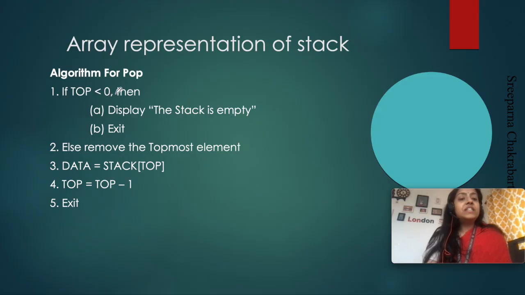So instead of writing less than 0 here, you can also write top equal to minus 1. That works as well. What did we write here then? If top is less than 0, we say that the stack is an empty one. And we cannot perform a pop operation since no element is there. How can we pop out an element from that stack, right?